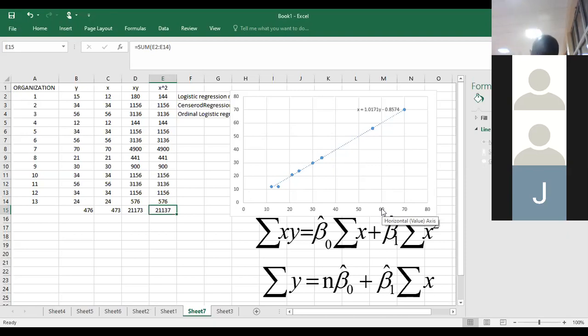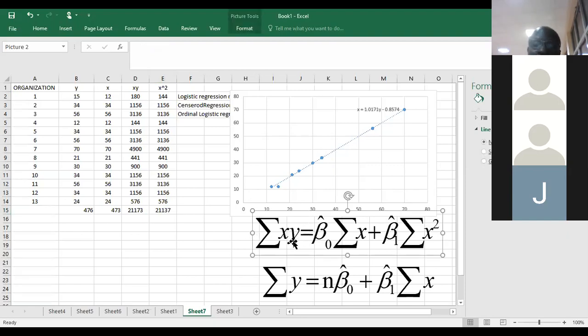Yes. So write the following now. Equation 1: 21173 equals 473 beta naught cap plus 21137 beta 1 cap.